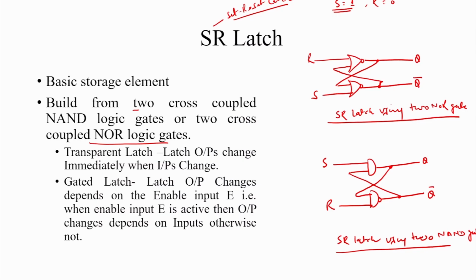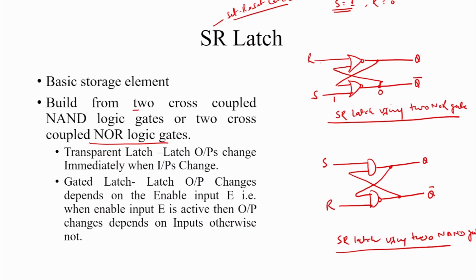When any one of the inputs of a NOR gate is 1, the output is 0, and it does not depend on the second input. In an OR gate, if any one input becomes 1, the output becomes 1. NOR is just the opposite of OR: once any one of the inputs is 1, the output is 0, and only when all inputs are 0 is the output 1.